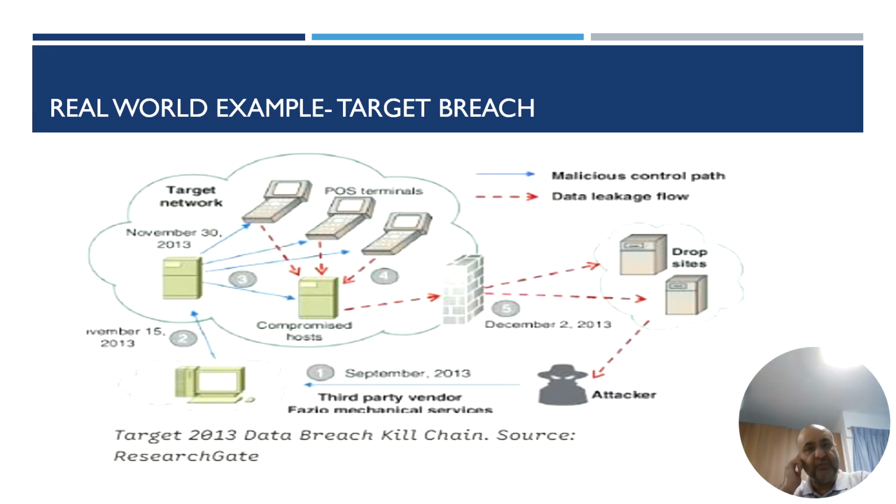Now we want to see the importance of defensive architecture through a real-world example of how a mistake in implementing defensive architecture can lead to a data breach. We study what happened in 2013 with the Target breach, in which their main systems were properly secured, but their HVAC, their heating and cooling systems, and that network was not properly secured.